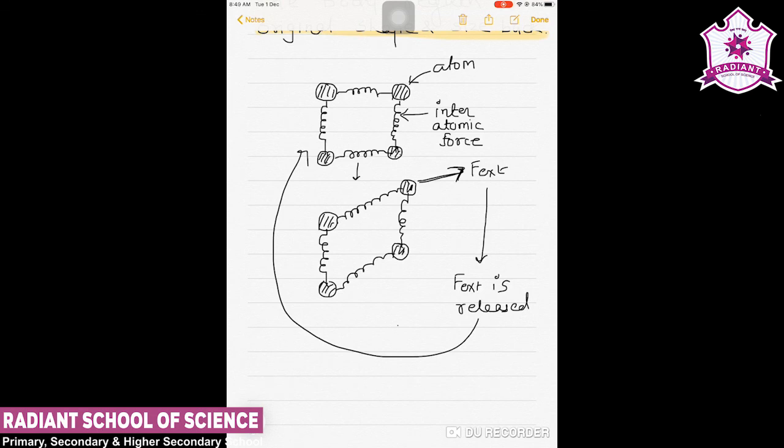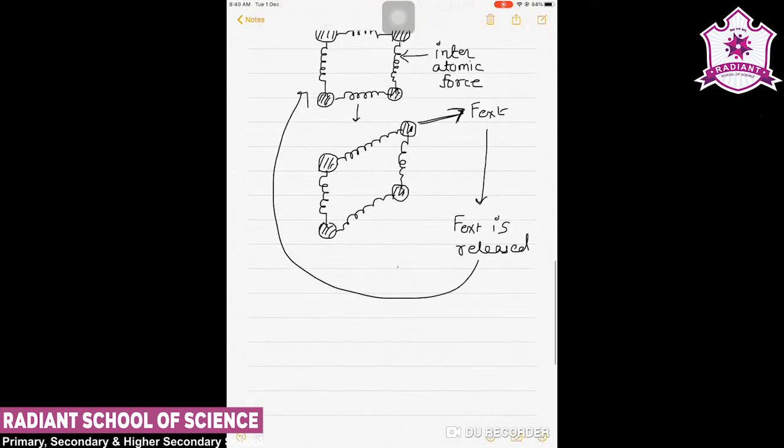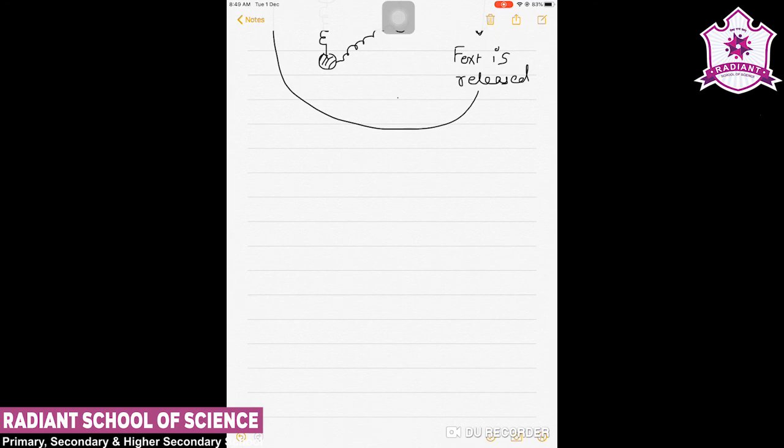Robert Hooke, an English physicist, performed experiments on springs and found that the elongation, that is the change in length, produced in a body is proportional to the applied force or load. Robert Hooke discovered a very important law that is called Hooke's law.